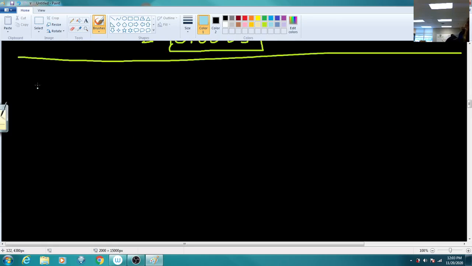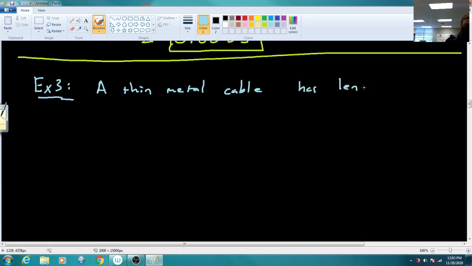All right, so for example 3, we're going to go through and do this. This is kind of a word problem style thing. So we get a thin metal cable has length 12. So it's 12 centimeters when the temperature is 21 degrees Celsius.